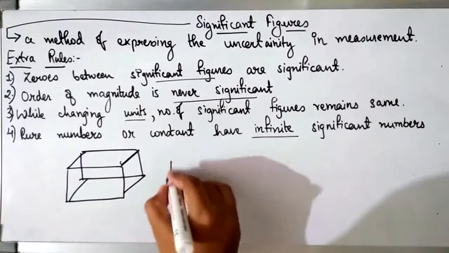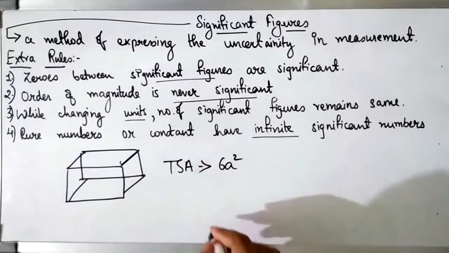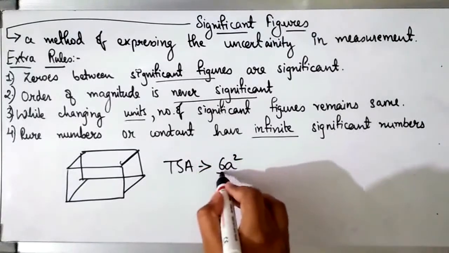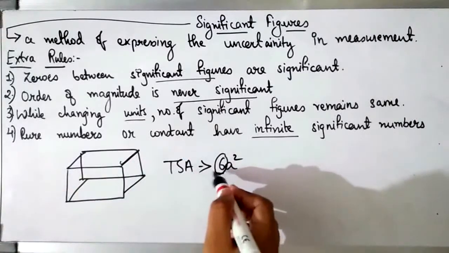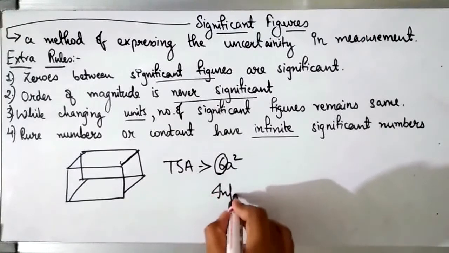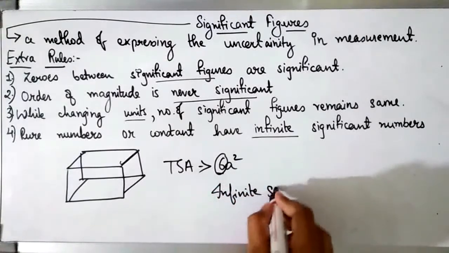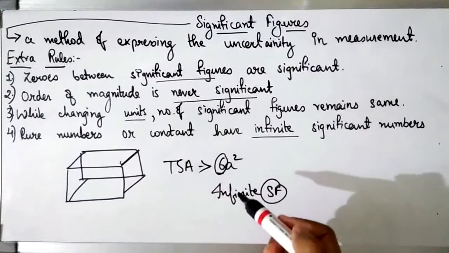All of you know that the TSA of a cube is 6a square. Now over here we can say that this 6 is a constant, or you can say it is a pure number. So this pure number is going to have infinite significant figures.